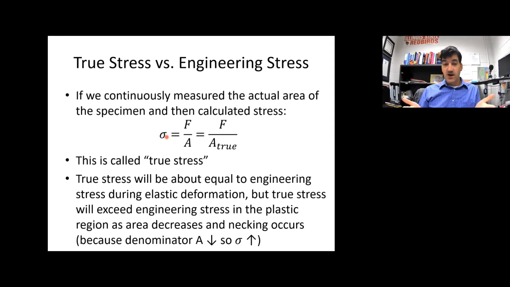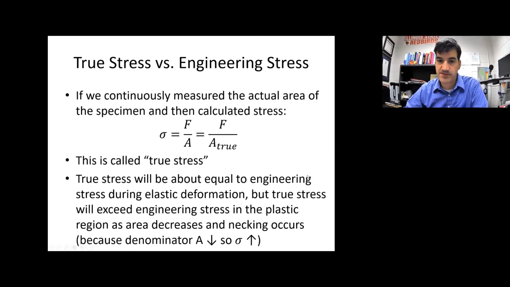But it's always going to be true that the true stress is going to be equal to or larger than the engineering stress, because this cross-sectional area is going to decrease during the test. So if we actually divided by that decreasing area, then our resulting stress would increase throughout the test, and it would be larger than the engineering stress.